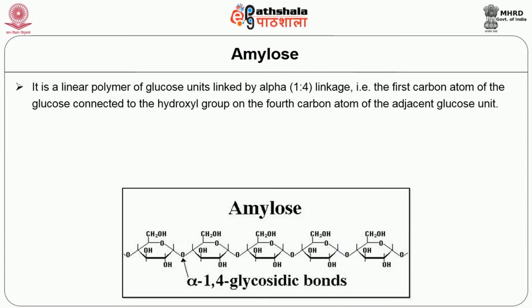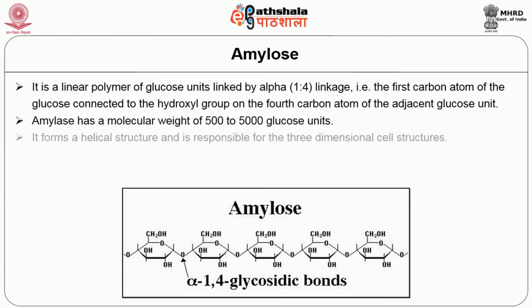Now let us see about the structure of amylose in detail. Amylose is a linear polymer of glucose units linked by alpha linkage, that is, the first carbon atom of the glucose is connected to the hydroxyl group on the fourth carbon atom of the adjacent glucose unit. Amylose has a molecular weight of 500 to 5000 glucose units.